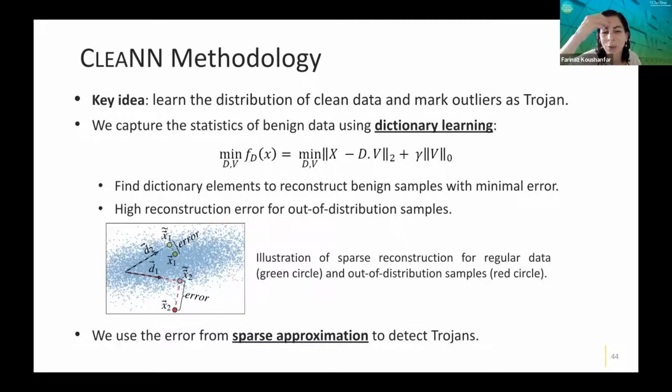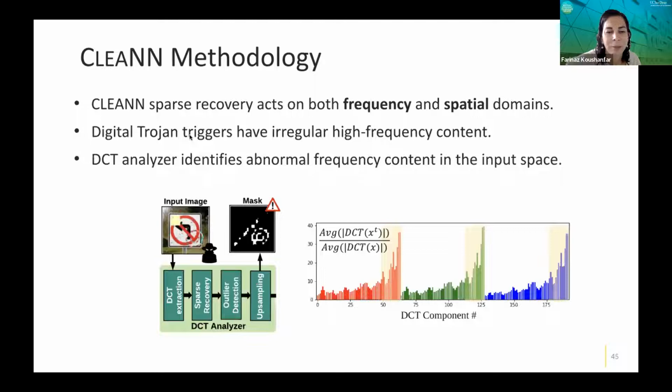If you look at the error for this sparse approximation versus what was really given from the model, that gives you an idea about what could be done.